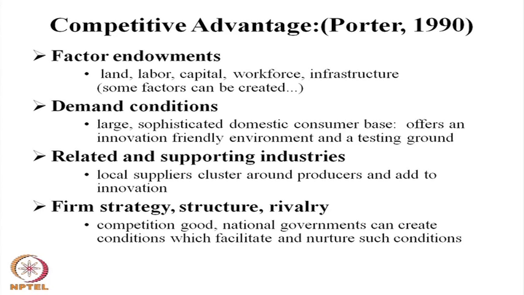If you see the factor endowment side, land, labor and to some extent workforce, developing countries have a large market, while developed countries have a sophisticated consumer base, local suppliers and clusters of production, which are decided by market forces.